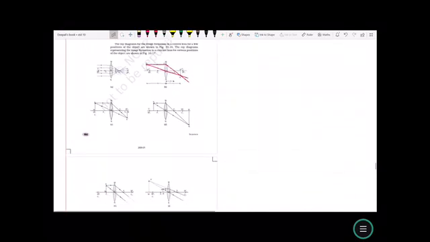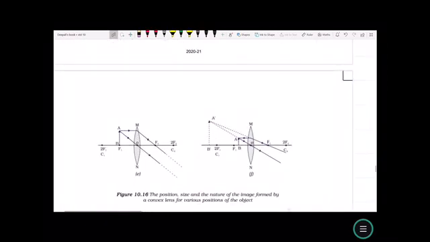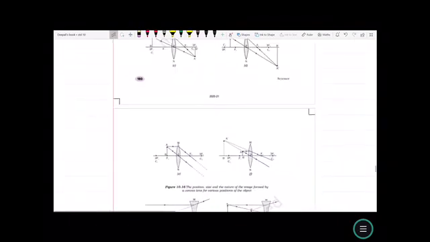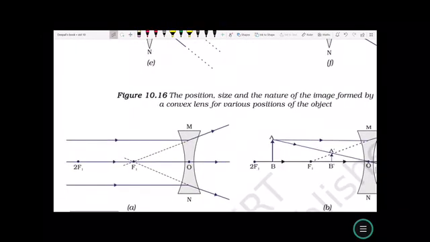Now let us check the position at f1. When it is at f1, the image is formed at infinite distance, and if the object is placed between f1 and O, a virtual image is formed on the same side, as seen in the diagram.